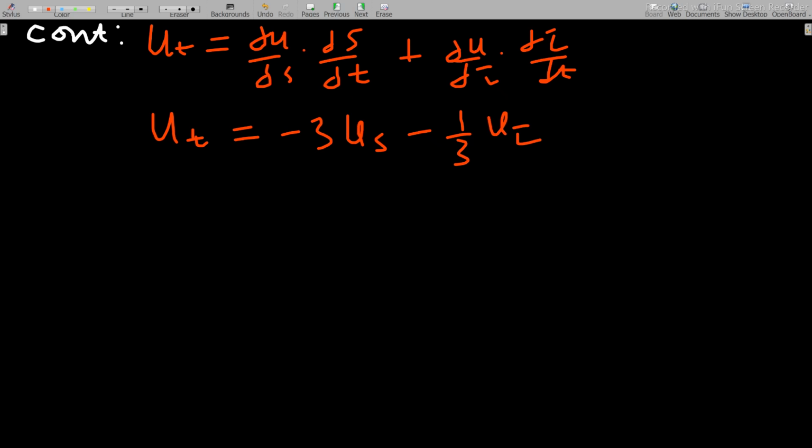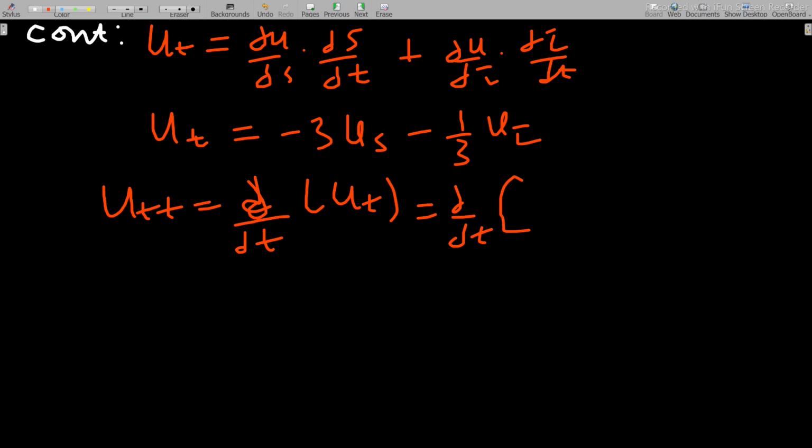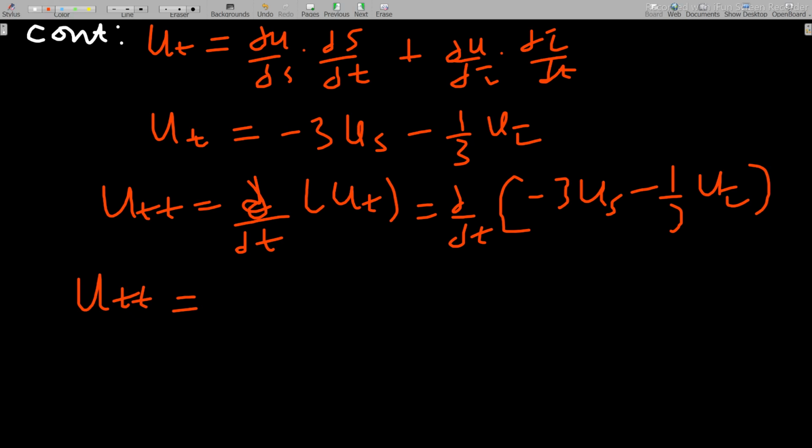My utt is simply the second derivative with respect to t of ut. This is how you write it. So del t of minus 3 us minus 1 over 3 u tau. Now I will be shortening things here because it's very long. I've been going through this process with you, so I believe you can do this. So I'll get something like minus 3 del s of ut.